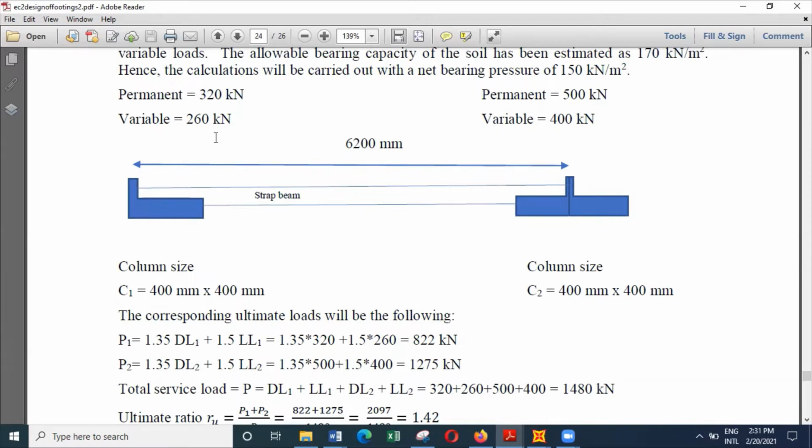So based on the width and the allowable bearing pressure of 150 and these two loads known, we can calculate an approximate value for this dimension, which came as 1.54 meters. And knowing that the actual pressure that will be acting from here will be more than this, we select a slightly higher value. So I have selected 1.8 meters. Is that clear?